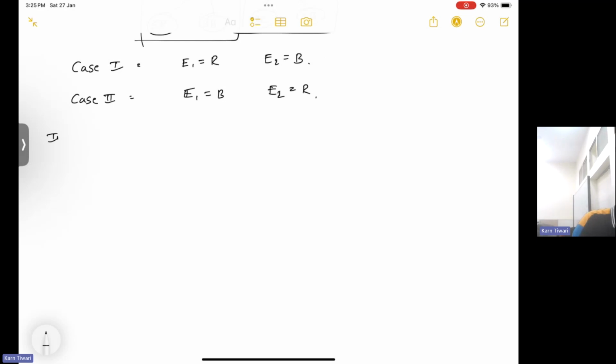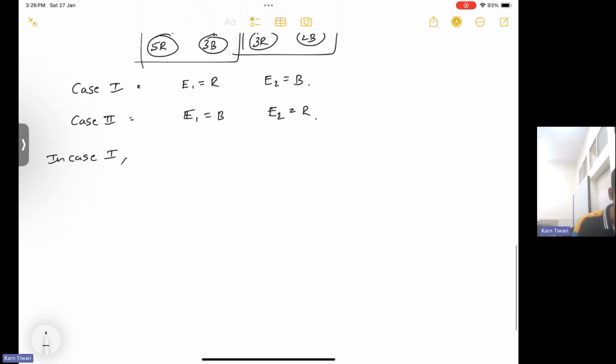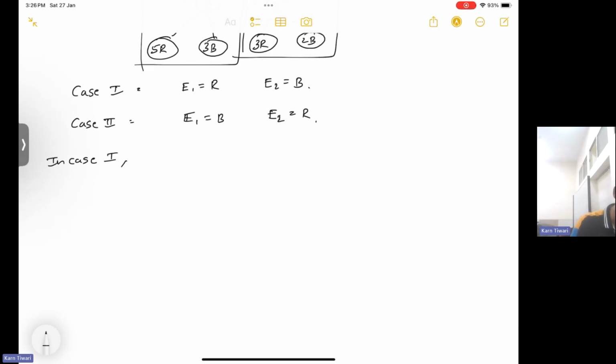So in case one, the probability of drawing a red ball from bin one, probability of E1 equal to red, is 5 divided by 5 plus 3. See, 5 is the number of favorable outcomes, that is, we want the red ball. And 5 plus 3 is the number of total possibilities.